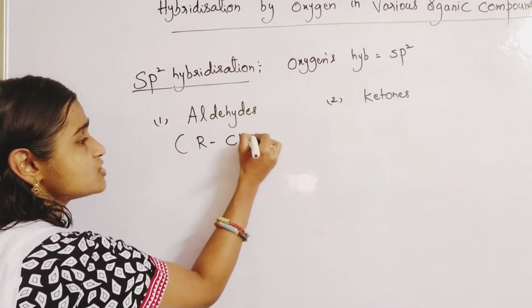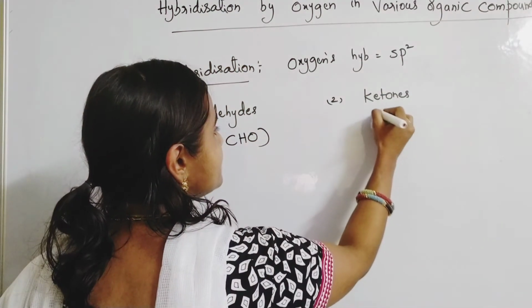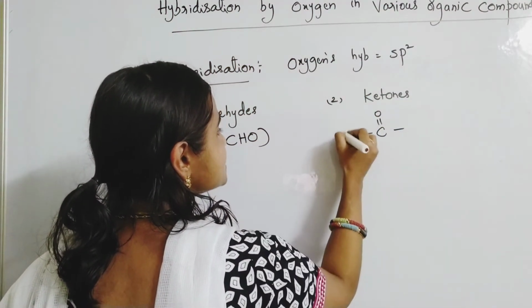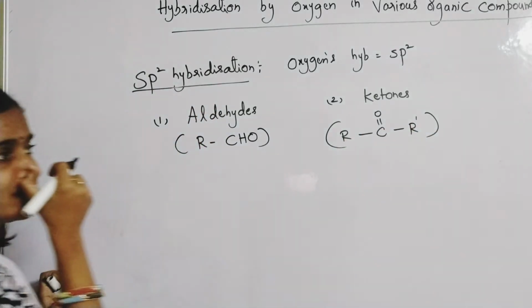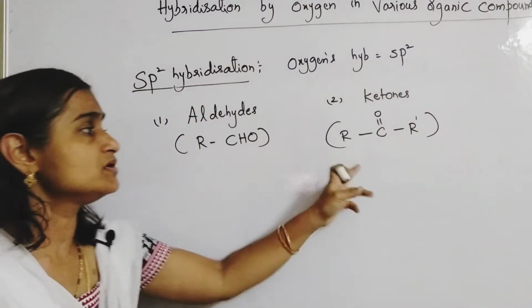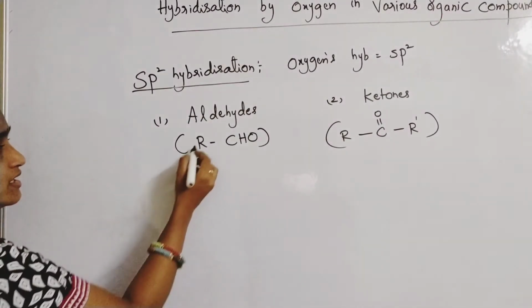Ketones have CO in the middle with alkyl groups on both sides. So in these two compounds, oxygen is exhibiting what? sp2 hybridization.